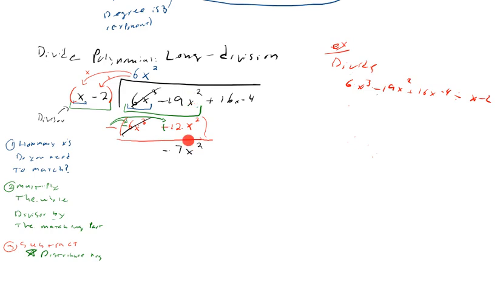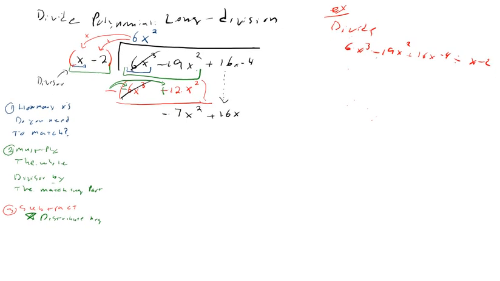And now, just like long division, I take this piece and bring it down. Plus 16x. And I do it again. Back up to how many x's do I need to get those two the same.